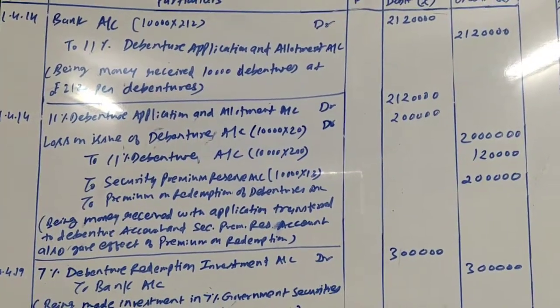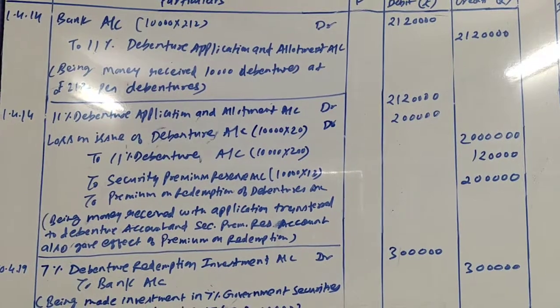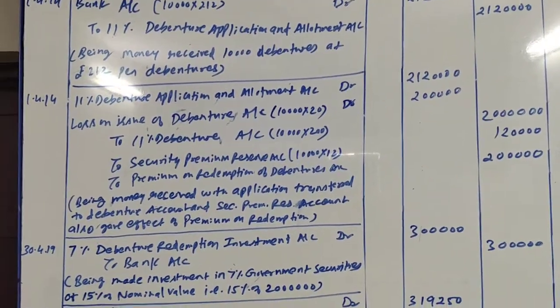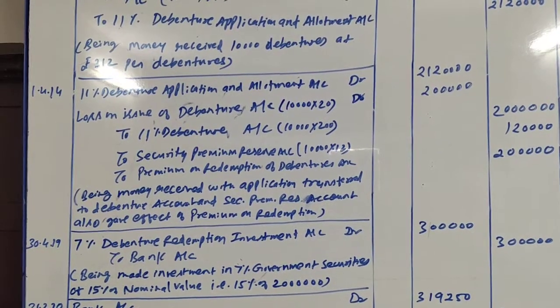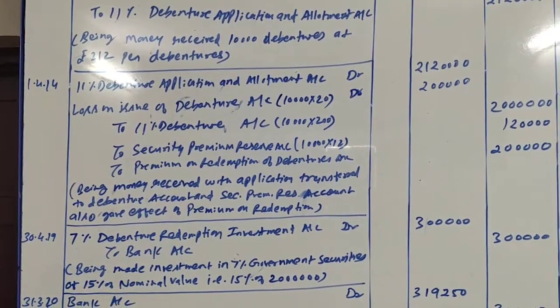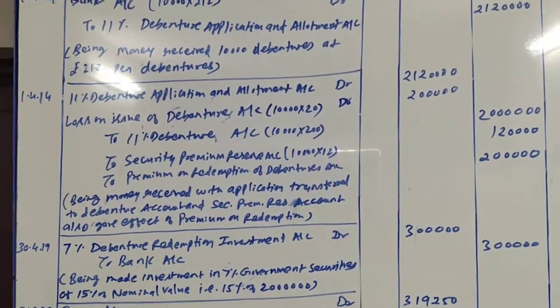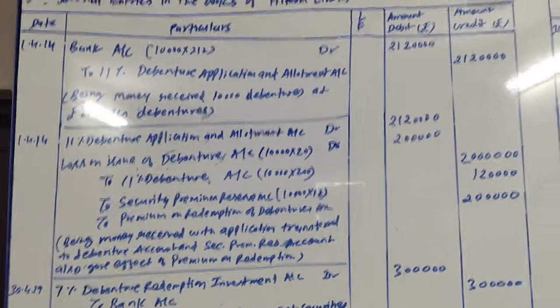So loss on issue of debentures account debit to premium on redemption of debentures account 2 lakh, being money received with application transferred to debentures account and security premium reserve account, also giving the effect of premium on redemption. Okay friends, so these are two entries.